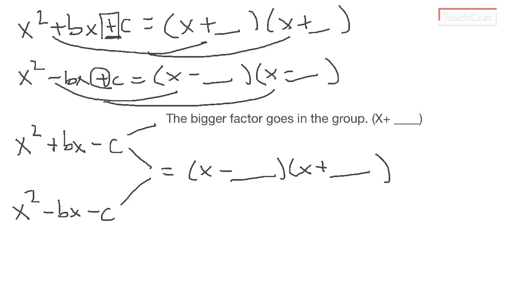The smaller one goes in the group x minus something.